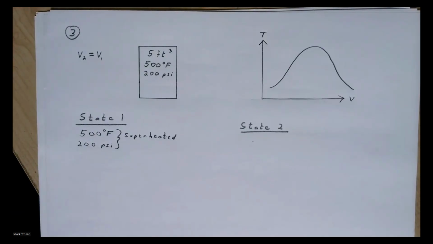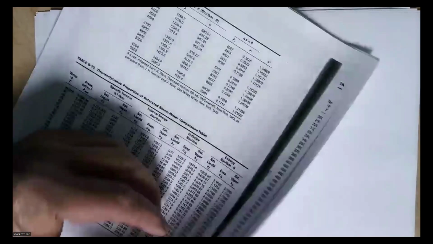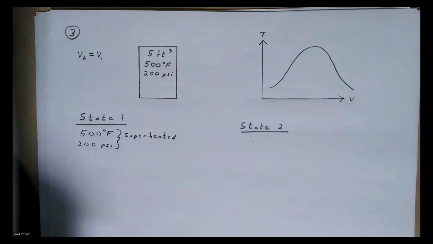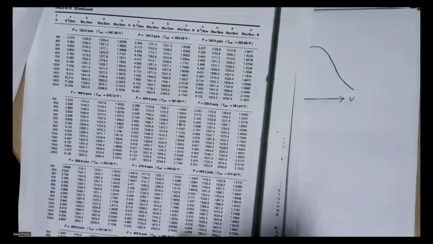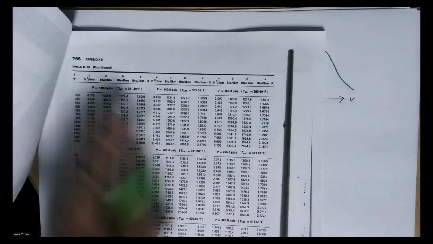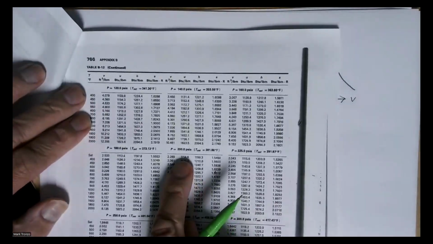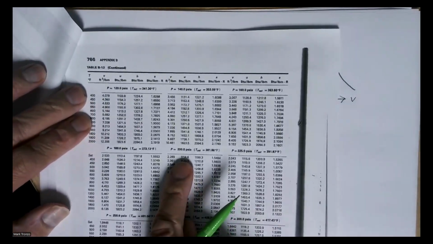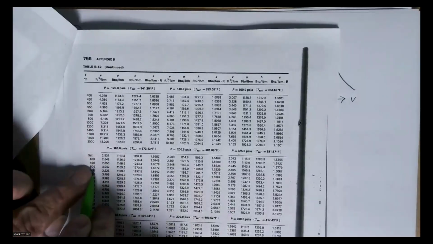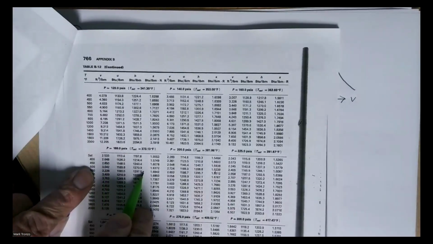So we have to go to our superheated table. And again, in my book, it's table B12 for English units. And so we're going to look under 200 psi, and 500 degrees Fahrenheit. That's going to be this row right here.